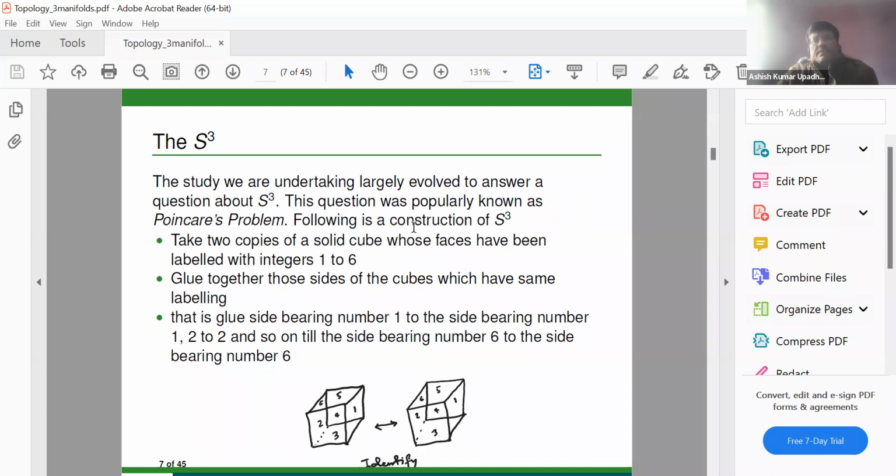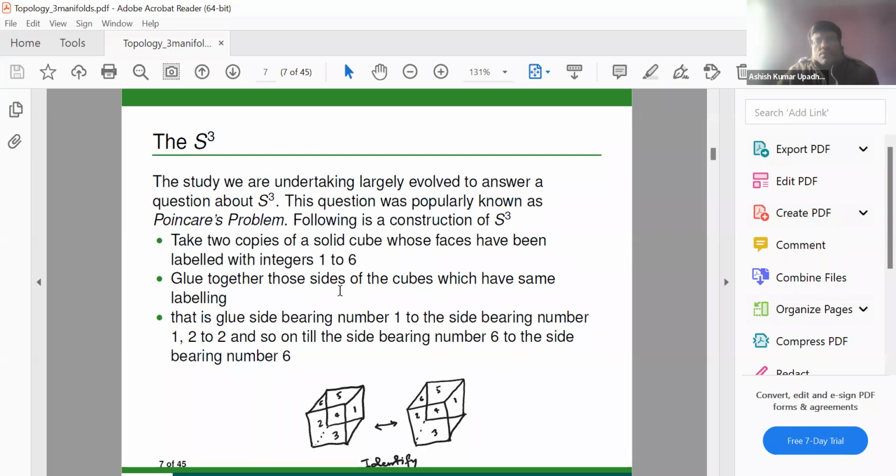So let us consider a construction of S3. We can see a circle, we can see the sphere, but how do we see S3? Because it lies in R4, it is difficult to visualize. So here is one of the ways. Take two copies of a solid cube. A solid cube has 6 faces; number these faces by putting the numerals 1 to 6 on them.